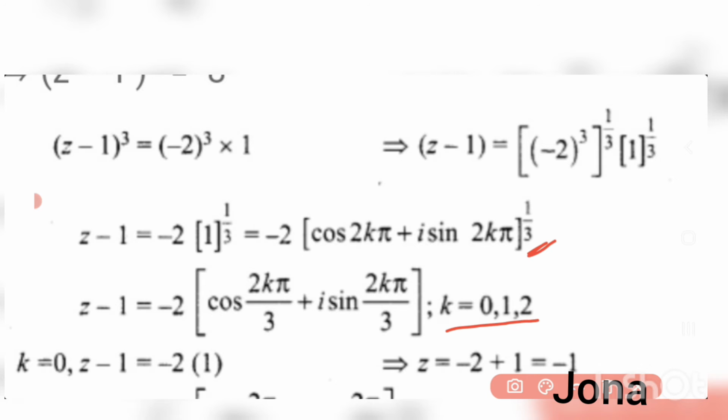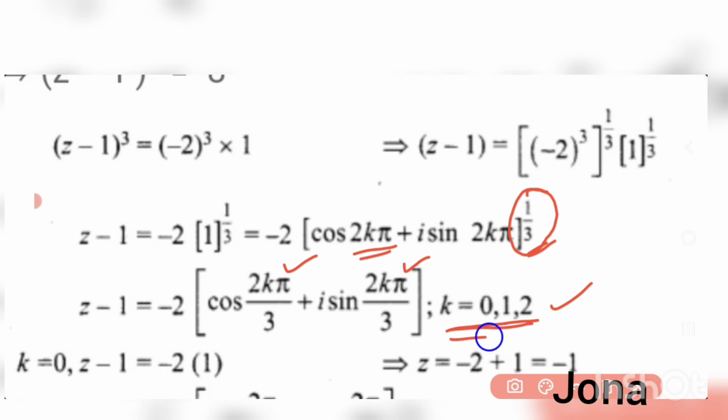Since it is the cube root, k equal to 0, 1, 2. Then we can find the values. If it is in the power, I can take the power as a multiplication of the angle, so I can write this as cos 2k pi by 3 plus i sin 2k pi by 3.